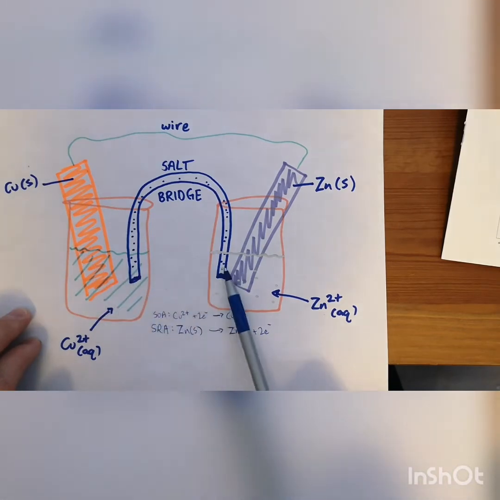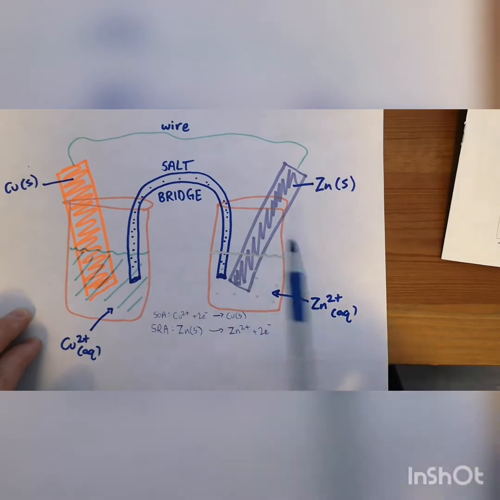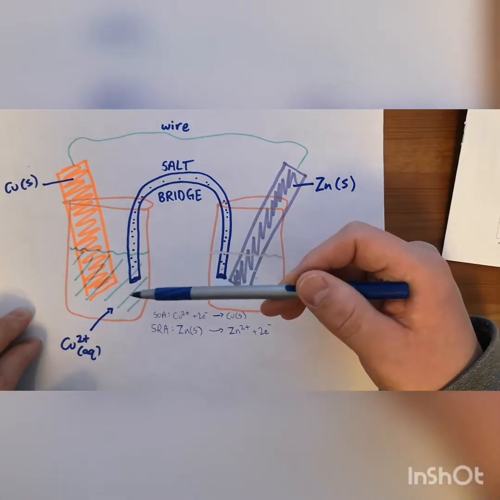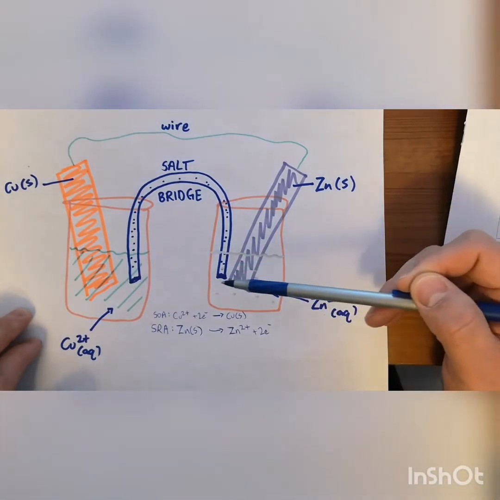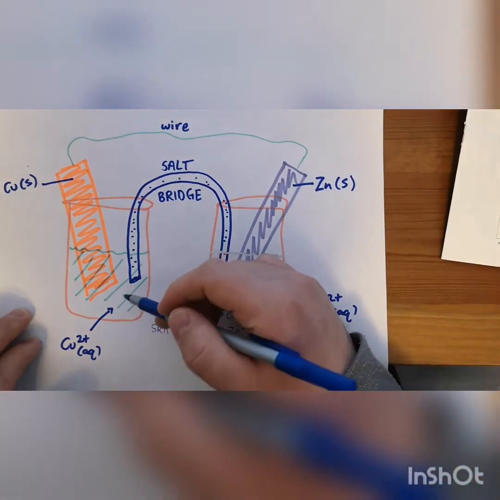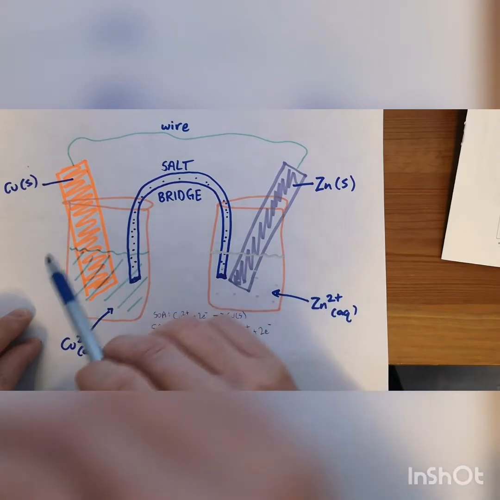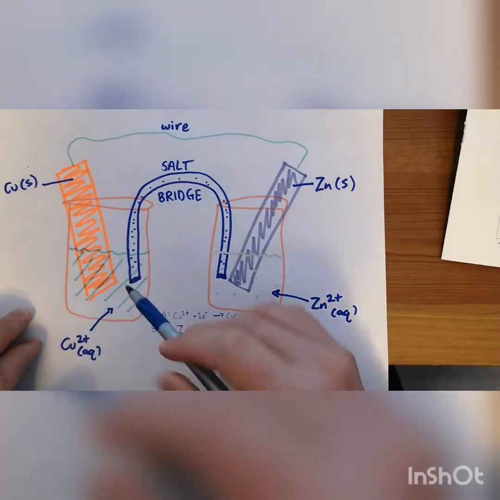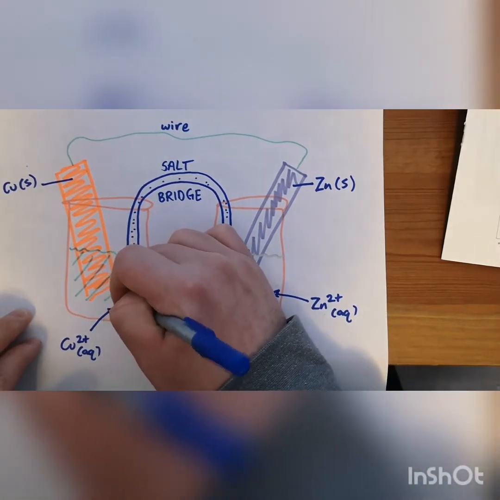In order to keep this reaction happening, the salt bridge releases ions into the solution it's in contact with. Okay, so the salt bridge, typically there's little cotton balls here, so the liquid doesn't just flow out immediately. But what happens is this half cell is gaining electrons. So it's becoming negatively charged.